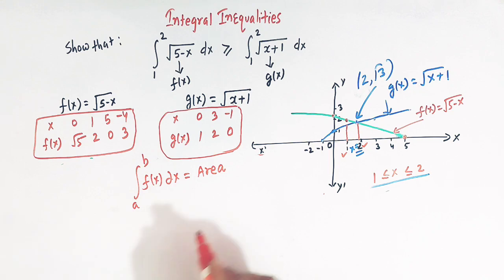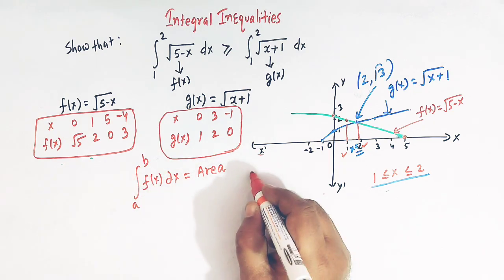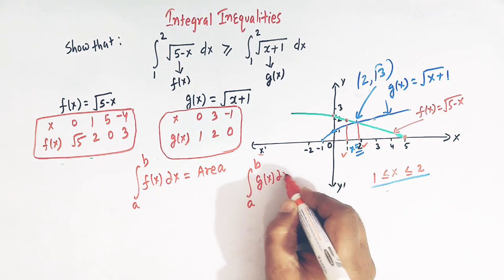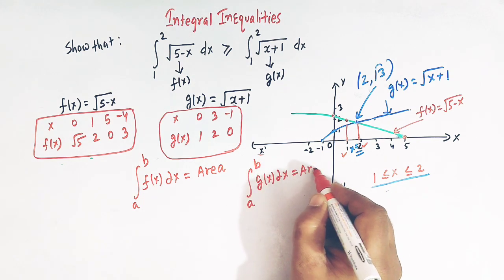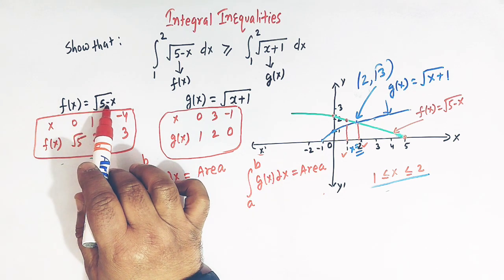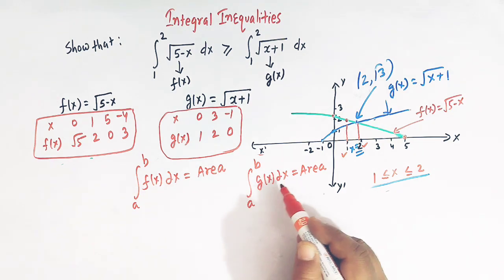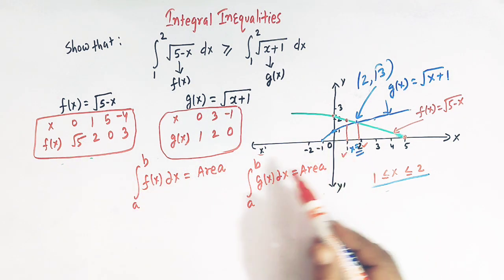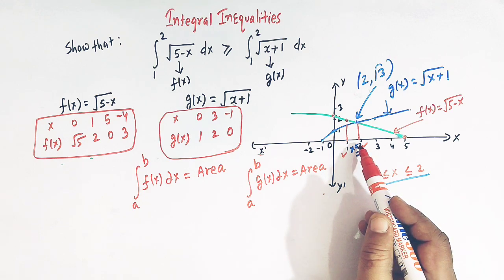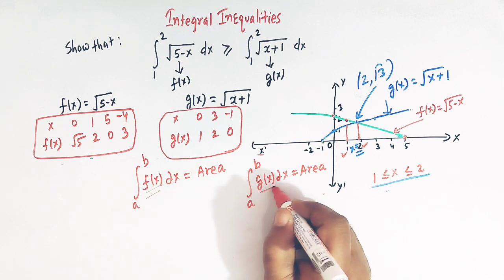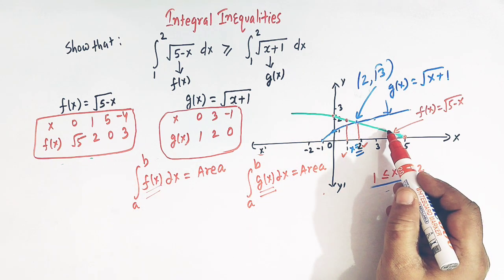Now see, here we have the integral a to b g of x dx, which also represents the area, right? f of x is square root of 5 minus x, g of x is square root of x plus 1, a is 1 and b is 2, right? So let us consider the area bounded by f of x and g of x in this graph.